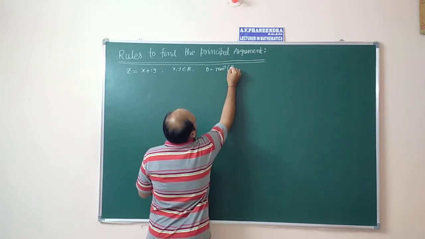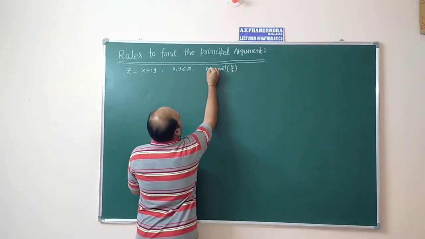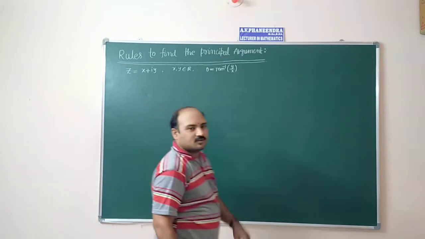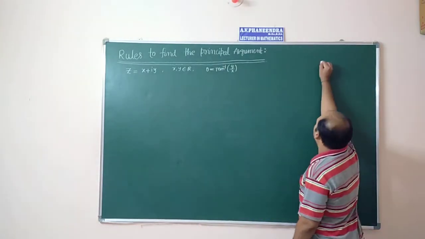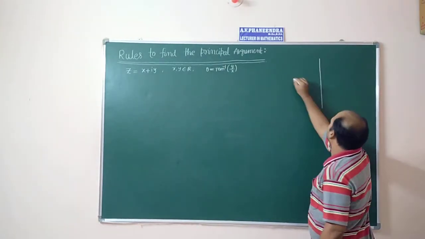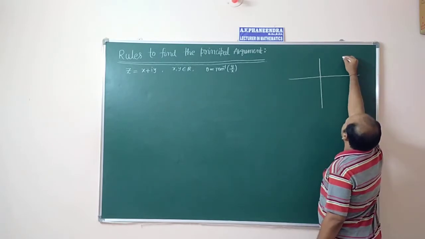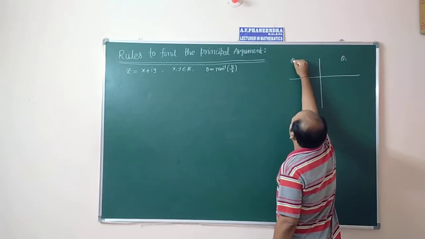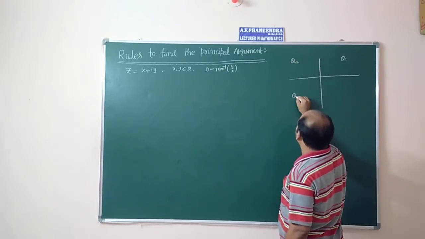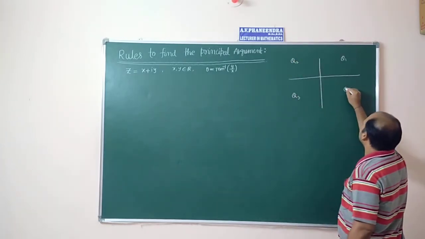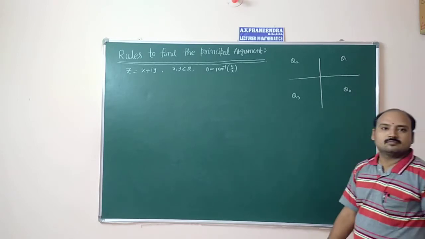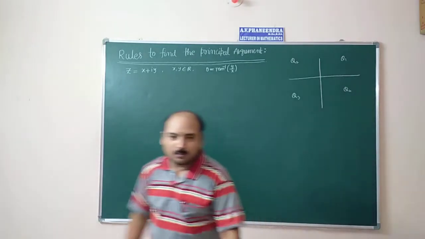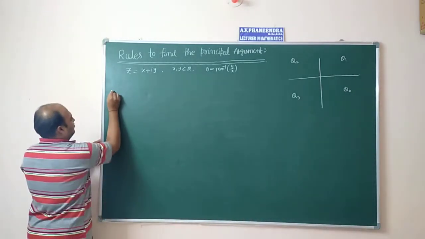This is the argument of the complex number z. Suppose the point P belongs to quadrant 1, quadrant 2, quadrant 3, quadrant 4.